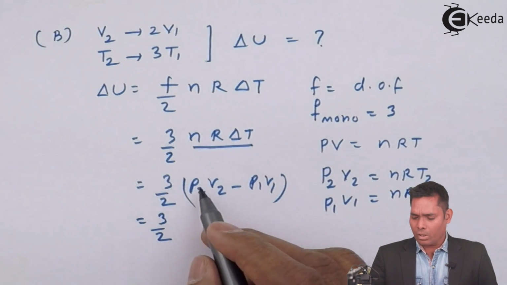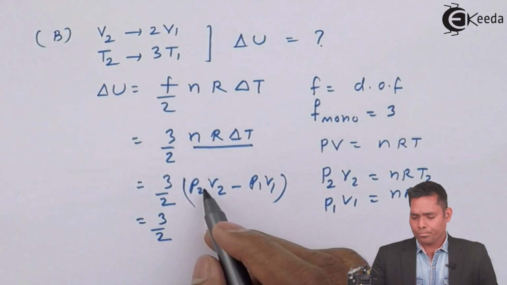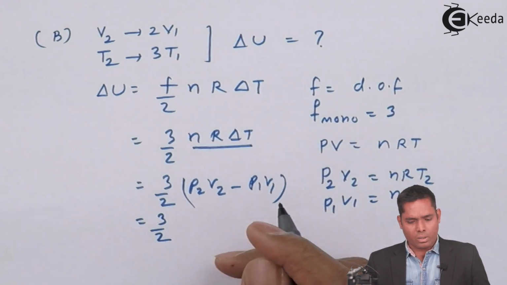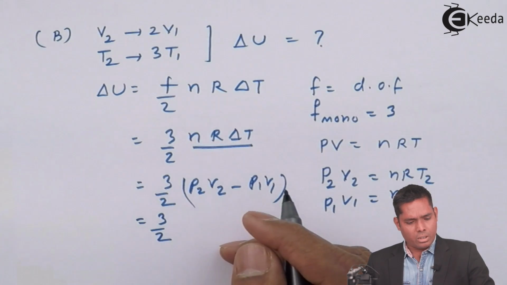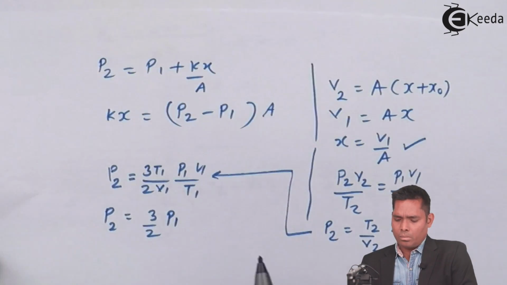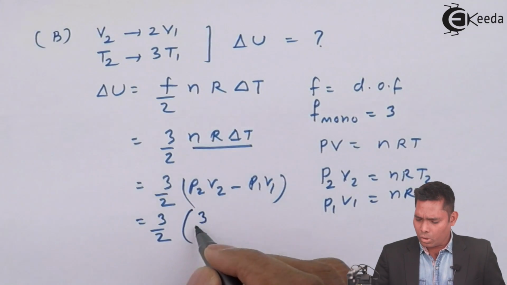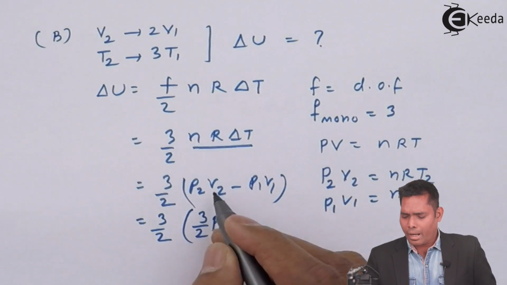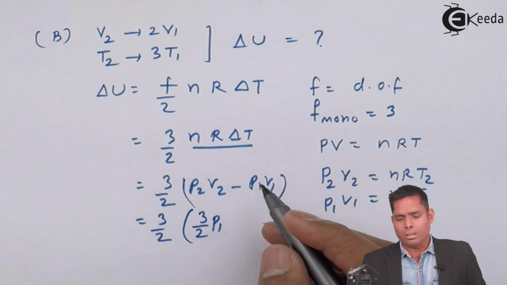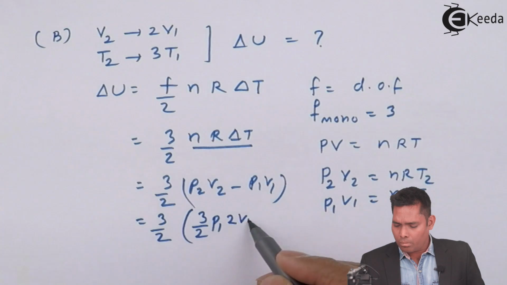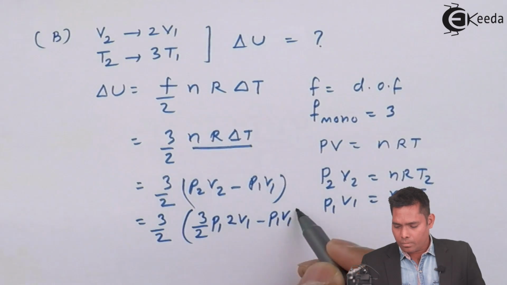P2 I have already got, which is 3 by 2 times P1. So I'll put that directly here, 3 by 2 P1, and V2 is double. V2 is 2V1, so it is 2V1 minus P1V1.